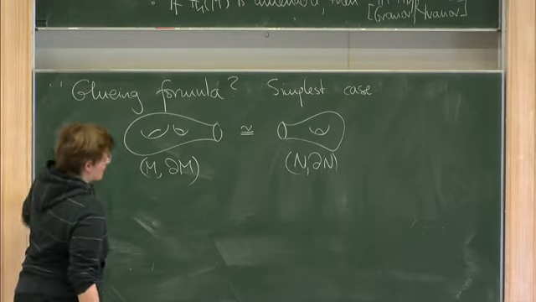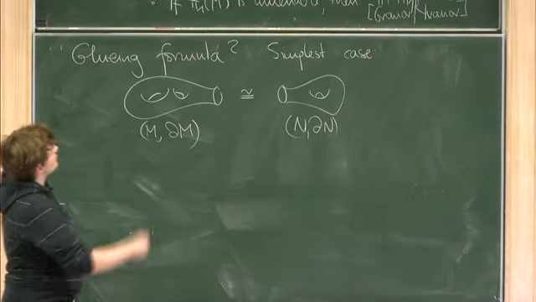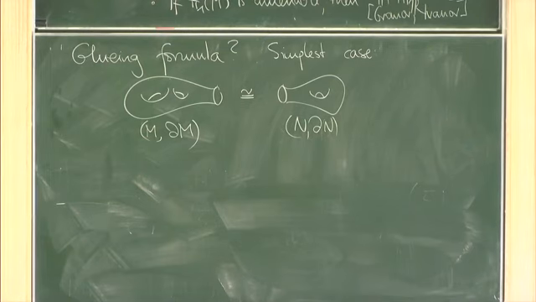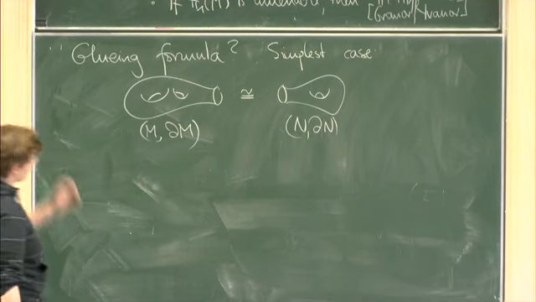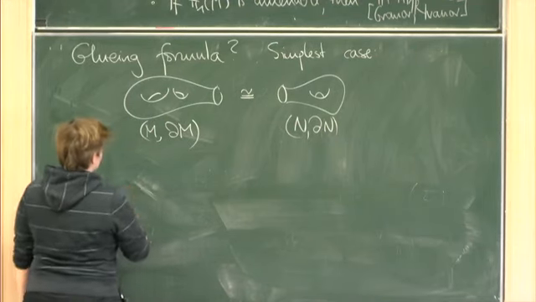Now we can use the same definition as before to also define the simplicial volume of a manifold with boundary, just taking relative chains. And then we can ask the following question.